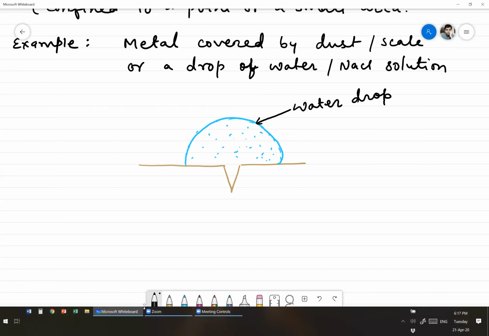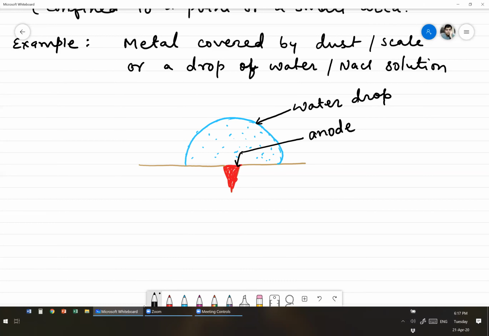In this case you can see the area under this drop is small and it is poorly oxygenated, and acts as anode.